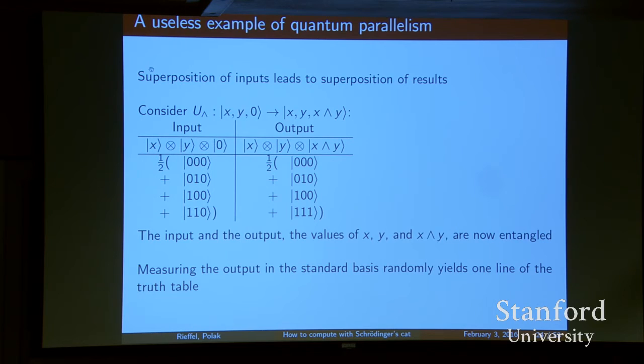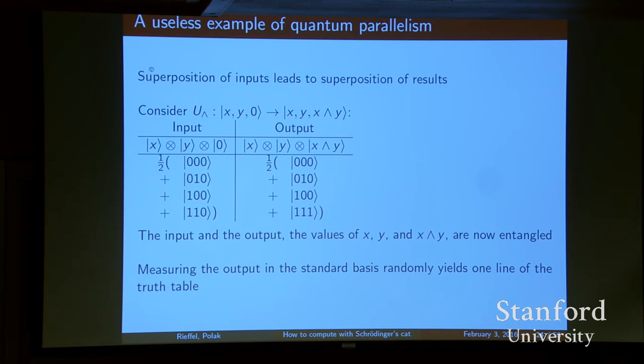And I'll show you why. If we take the example of the logical AND, there's a quantum transformation that computes U AND. So it sends x, y, and 0 into x, y, and x AND y. Now if we do this to a superposition, which I've written out here, of all possible 2-bit combinations followed by 0, what we get is all 2-bit combinations, that's our input part, and the conjunction. Now, that looks nice, but what happens if we measure? We need classical information out of it eventually.